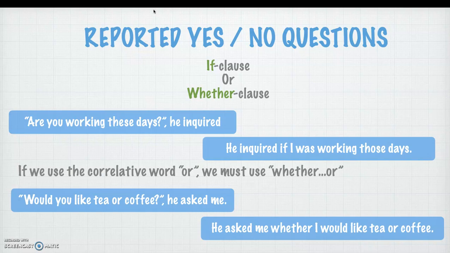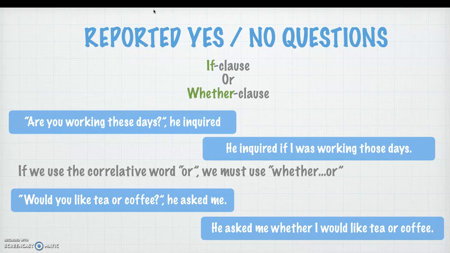So the present continuous becomes a past continuous. The word order is subject plus verb. If I was working. In the direct question it is, are you working? And here it is, I was working. And this becomes those. He inquired if I was working those days.